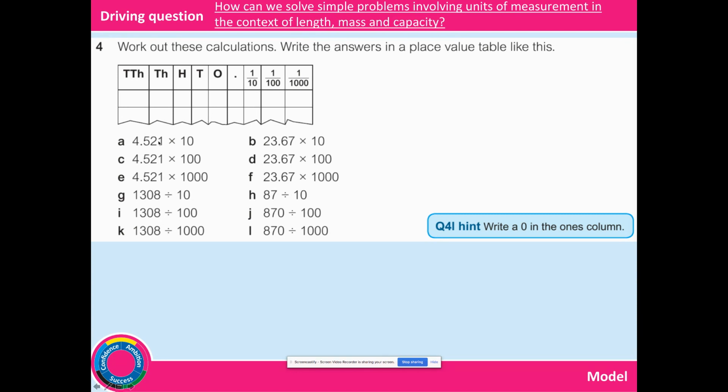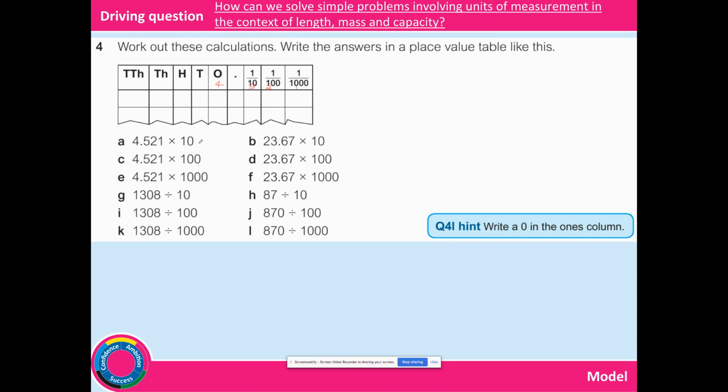Right, okay. Our first number here is 4.521. I'm just going to write it up here because I haven't got space for very many on my little table. So our start number is 4.521.